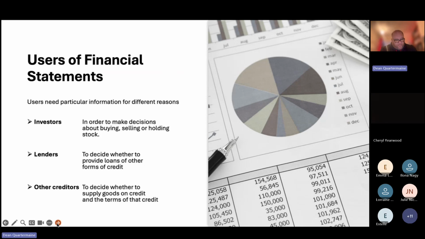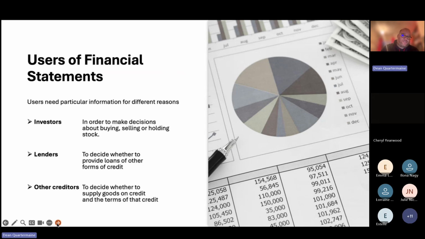So think about investors. Investors want to look at financial statements in order to be able to make decisions about the buying, selling, or holding of certain stock. So if I was to go and invest my hard-earned money in, say, Tesco's shares, I would want to look at Tesco's financial statements to understand whether or not it's a good idea me investing my hard-earned money in Tesco's stock.